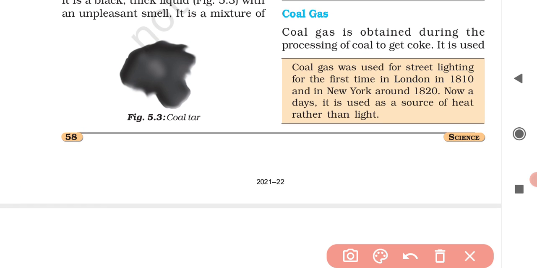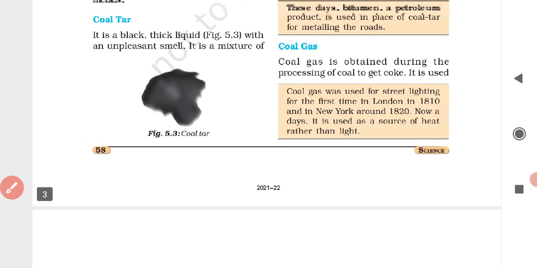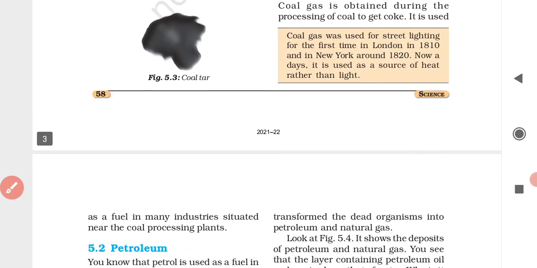Also, coal gas was used for street lighting for the first time in London in 1810 and in New York around 1820. Nowadays it is used as a source of heat rather than light. Clear? So with this we have completed the section of coal.